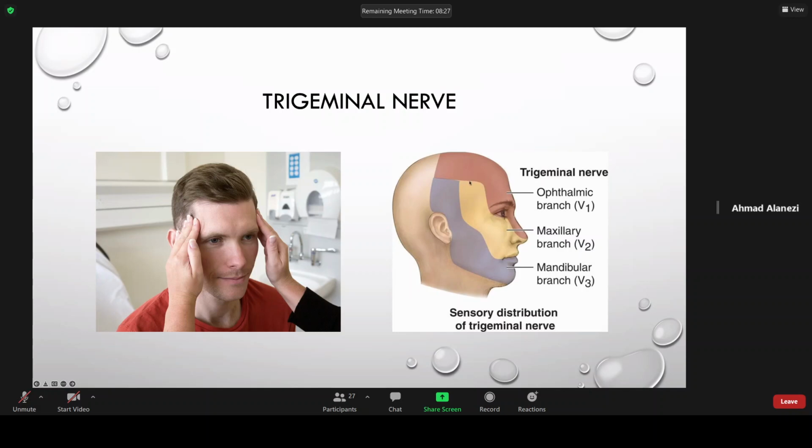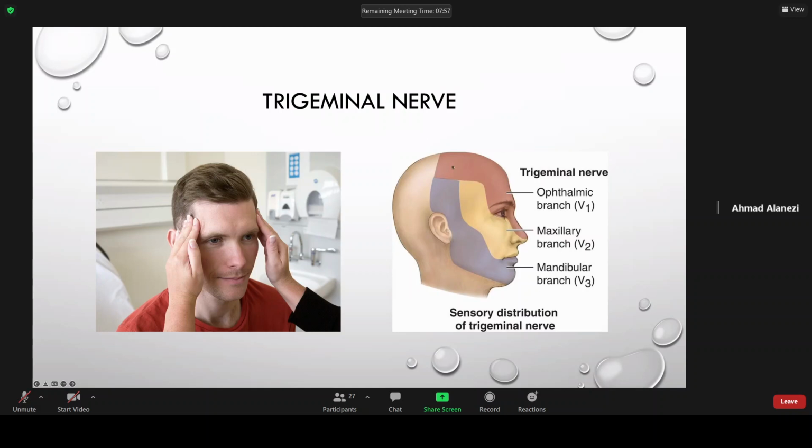Ideally, it should be done with a dull and sharp object. You ask him to close his eye, you touch here, for example, and ask him to identify the sensation, whether it is sharp or dull, and the other way around. You assess symmetry, and also fine touch, in all three branches, one here, one there, like this.